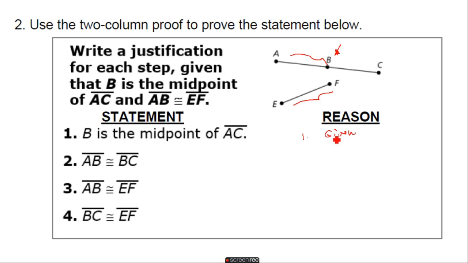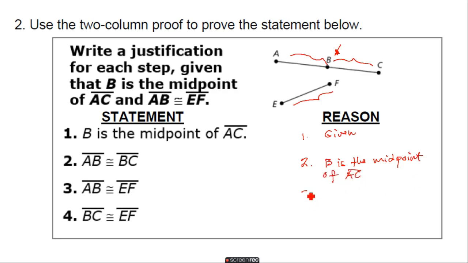Again, that is the very first statement. Next, number 2. We say that AB is congruent to BC. How do you know that AB is congruent to BC? Because we have the midpoint. B is the midpoint of AC, making them equal, right?